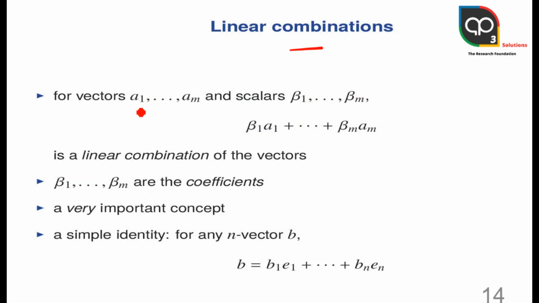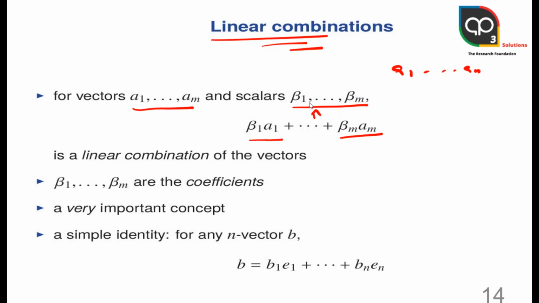If a1 till am are n-vectors and beta 1 till beta m are scalars, then the n-vector beta 1 a1 plus beta 2 a2 till beta m am is called a linear combination of the vectors a1 till am. The scalars beta 1 to beta m are called the coefficients of this linear combination.